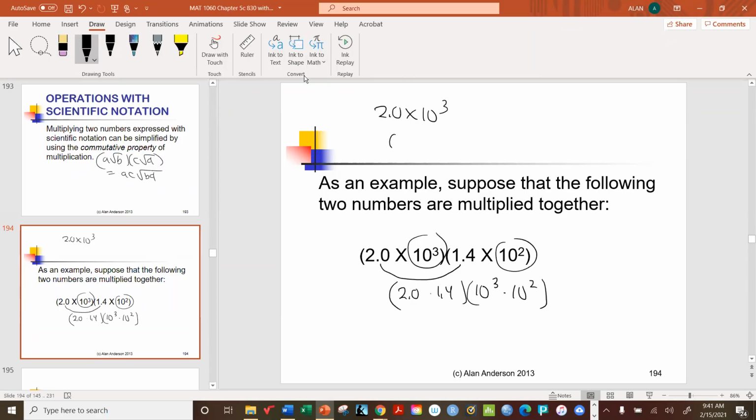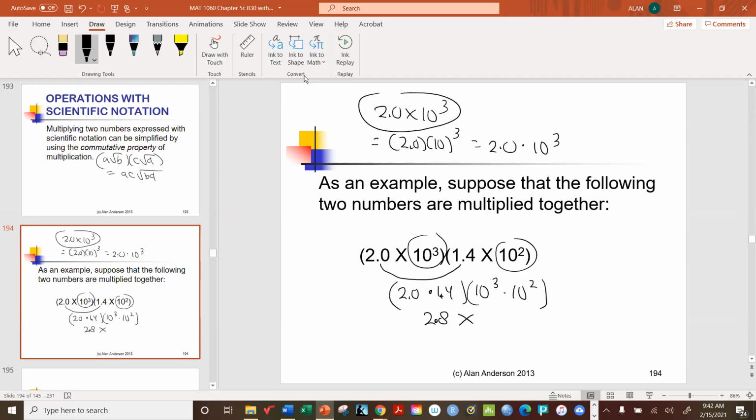So this could technically be written something like this, or something like this, but you don't usually see it done that way. Normally it's written like this. So what we're going to do is multiply the two coefficients, as they're called, and the exponents will be combined so that we end up in this case with 2.8.